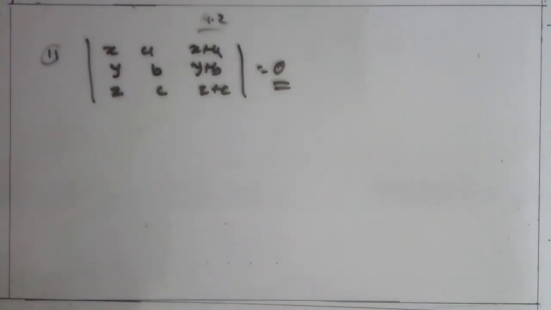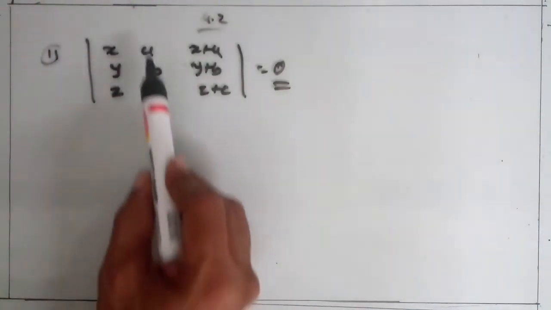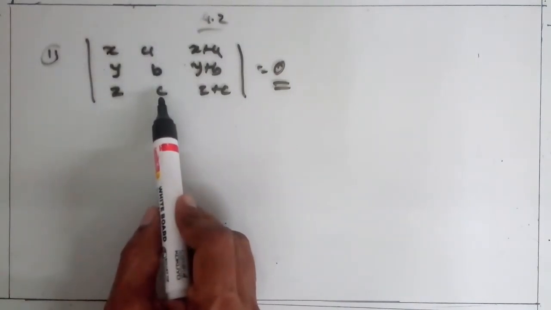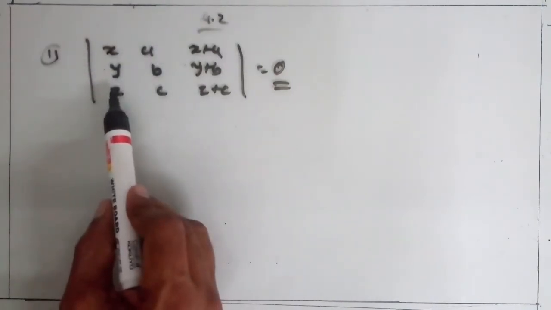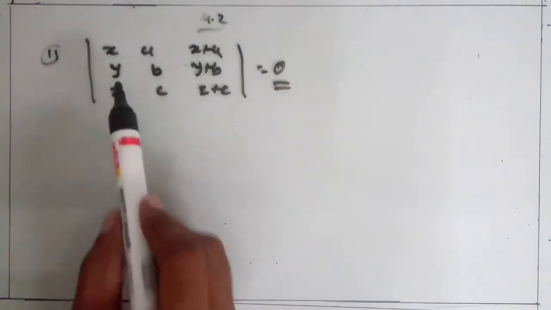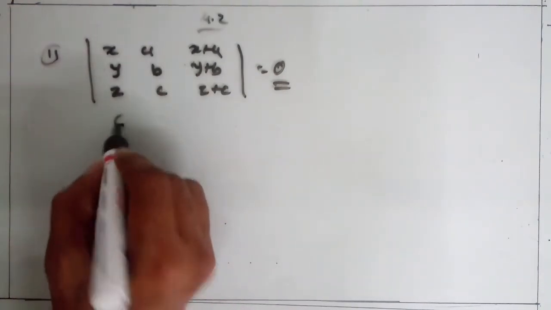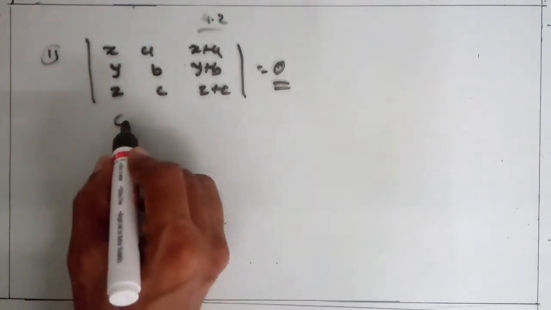Think how to make two columns or two rows the same. Look, in the third column, x plus a, y plus b, z plus c. If we multiply the second column by 1 and add it to the first column, then we get the same. Clear? That is, apply this operation.